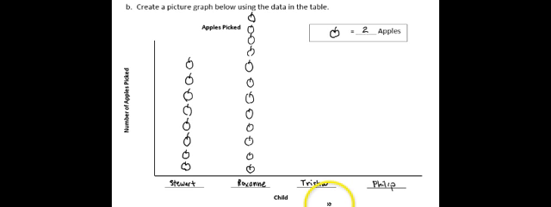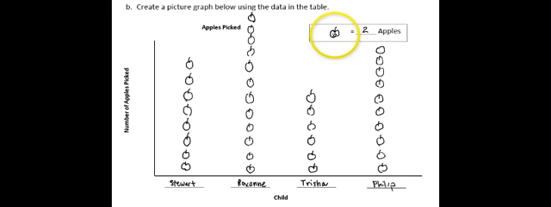And Tricia picked 12 apples, so we would draw 6 for the picture graph, since each apple is worth 2. So there's the 6 apples for Tricia. And Philip picked 20 apples, so I'm going to draw 10 apples to represent those. And there's my completed picture graph.